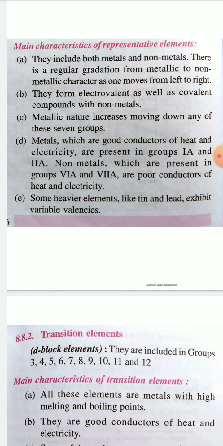So main groups include both metals and non-metals, and there is a regular gradation from metallic to non-metallic. Metallic character decreases on going from left to right along any particular period of the modern periodic table, and non-metallic character increases.